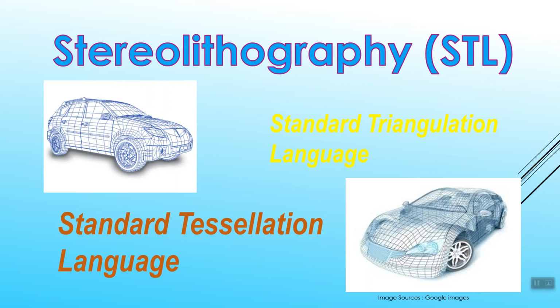The complete surface information is converted into a number of triangles. So whether you call it standard triangulation, standard tessellation, or stereolithography, in common it converts the surface information into a number of triangles.